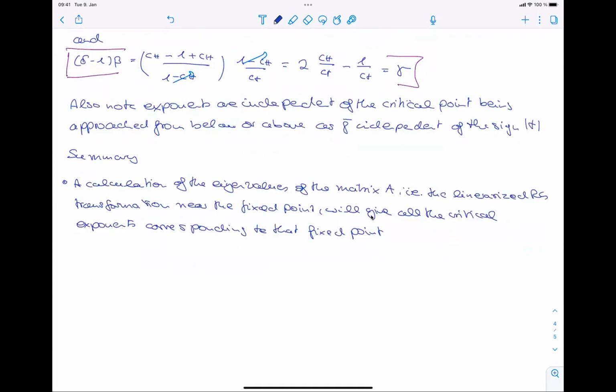And the critical exponents are the same for all systems in the same universality class, which is now defined by the critical surface containing a fixed point.